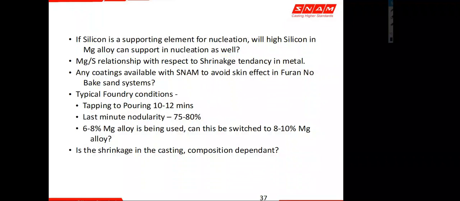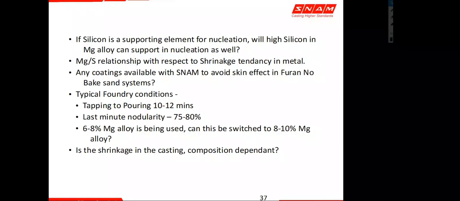So care must be taken that you do not have residual magnesium in the metal more than required. The magnesium and sulfur relationship is for desulfurizing, or countering the effect of sulfur that produces bad or irregular graphite shapes. So that could also have an effect on the shrinkage tendency.